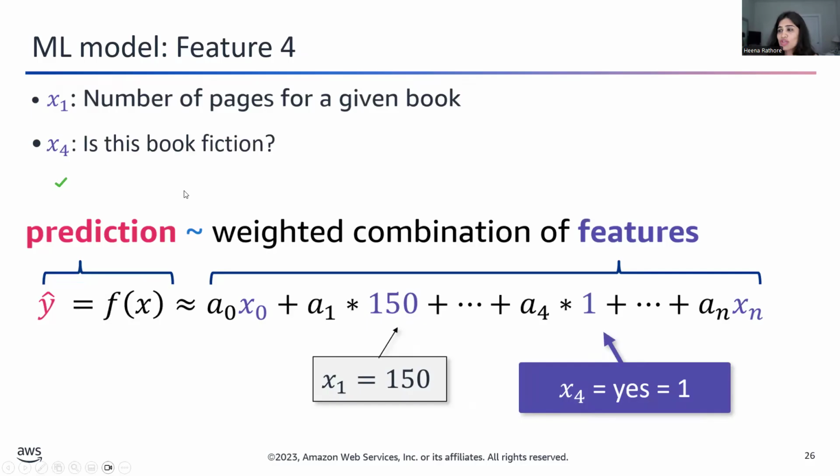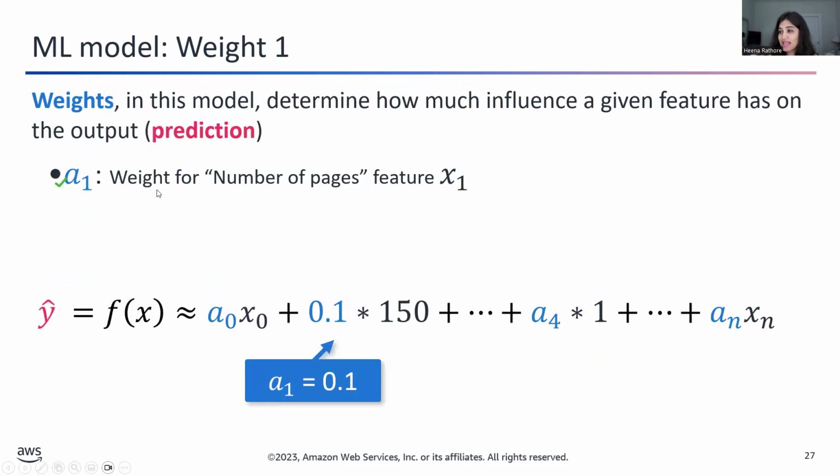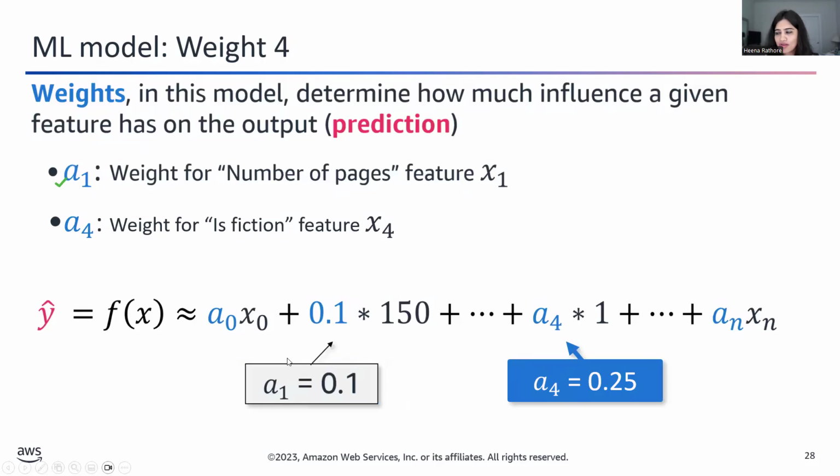And then you can assign a weighting mechanism. So I want to give page count a weight of 0.1, and for A4, I want to assign something else, which is 0.25, which is for the fiction feature. And these weights are all random. It is dependent on how much your model can actually learn.